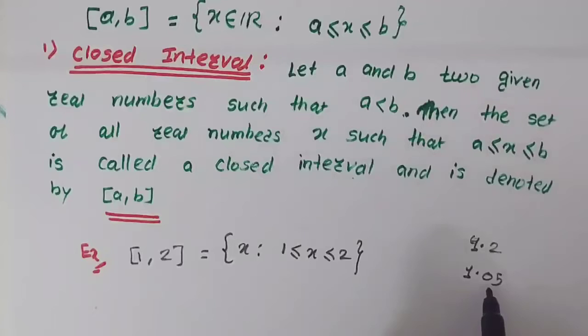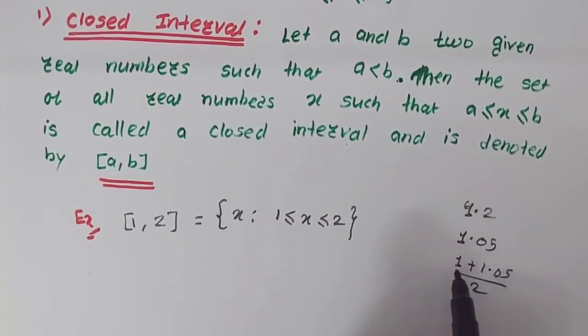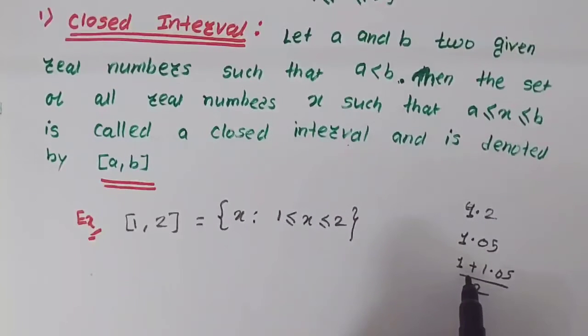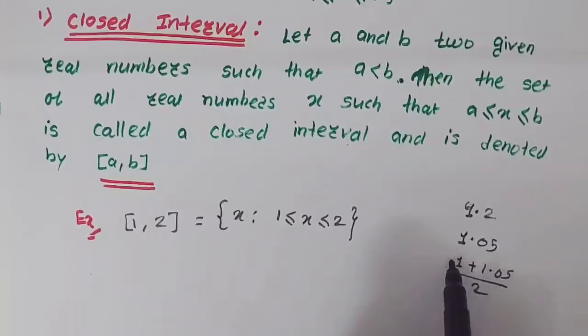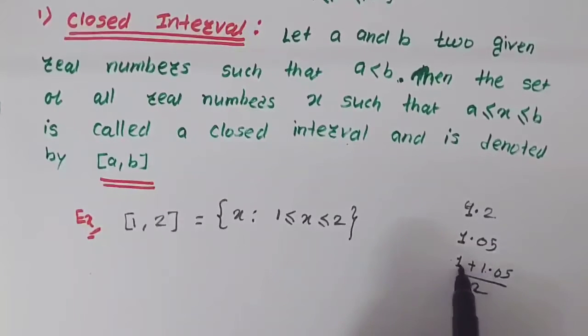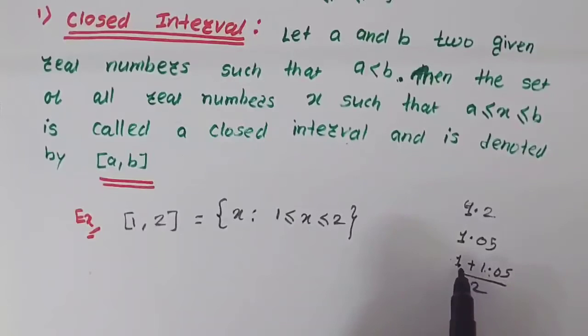Next, if 1.05 is the nearest element to 1, suppose we take 1 plus 1.05 divided by 2, this is nothing but the average, and this average always lies between these two numbers. So इसका मतलब है 1 और इस number के बीच वाला कोई number मिल जाएगा. That means that number will be nearer to the 1.